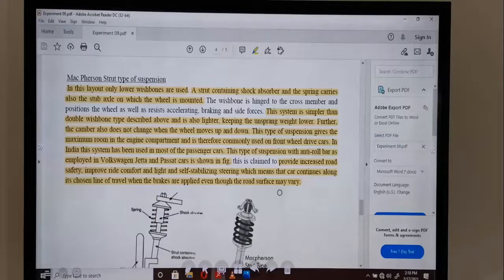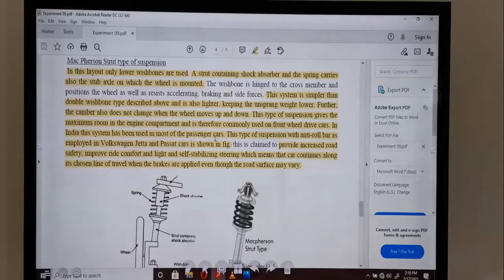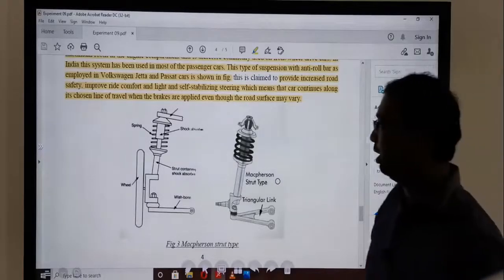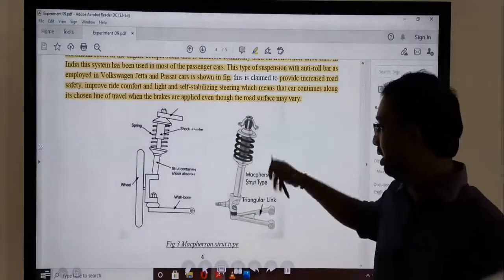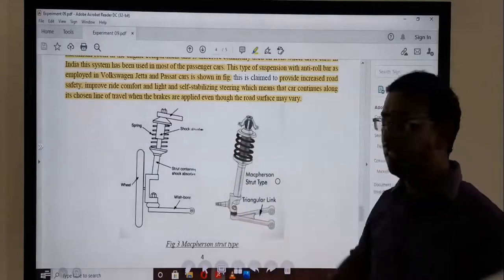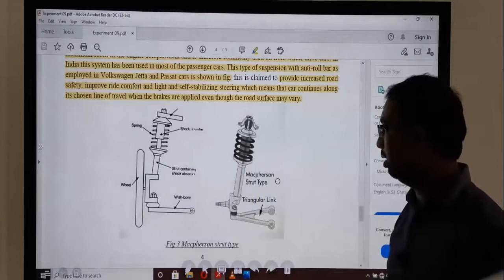In this layout only lower wishbones are used. Here you can see, in the absence of the upper wishbone, it is straightly fixed here, assisted only by the lower wishbone arm.